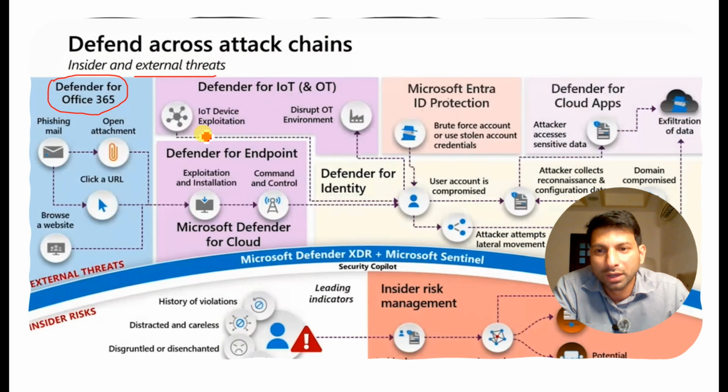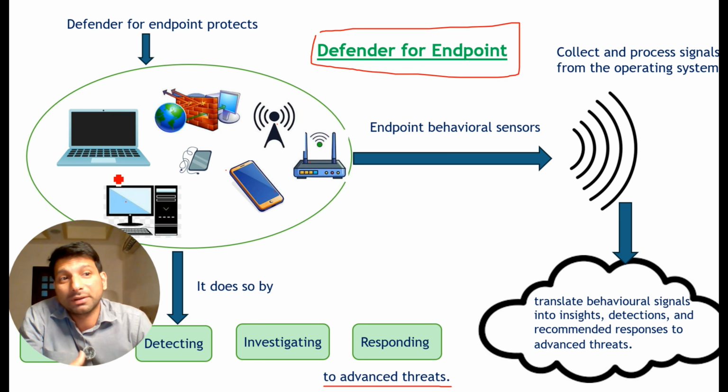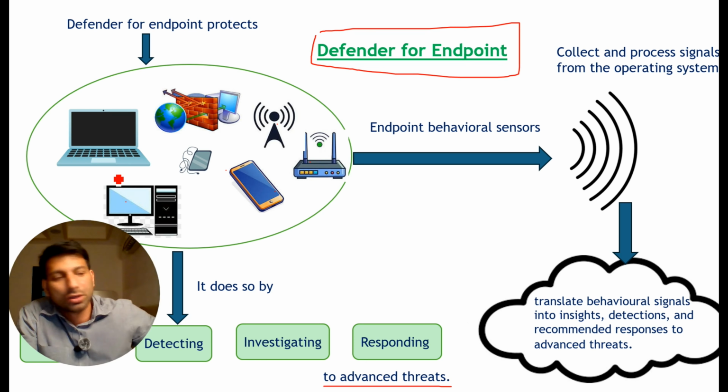By default, endpoint behavioral sensors that are embedded in the Windows 10 and Windows 11 operating systems collect process signals from the operating system. So Windows 10 and 11, or other operating systems, already have built-in sensors, and when you onboard Defender for Endpoint, they get activated and collect endpoint behavioral signals. It collects and processes signals from the operating system and sends them to the Microsoft Defender portal.